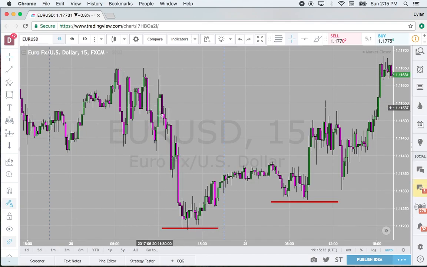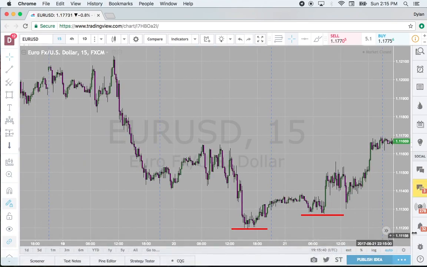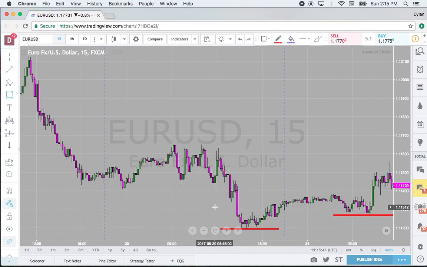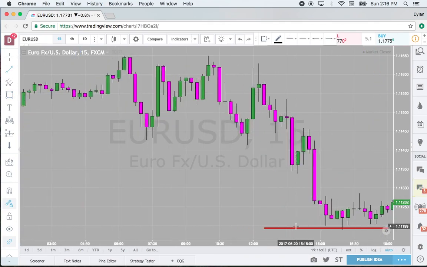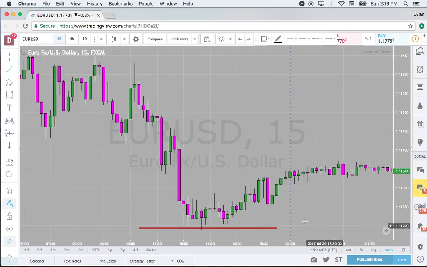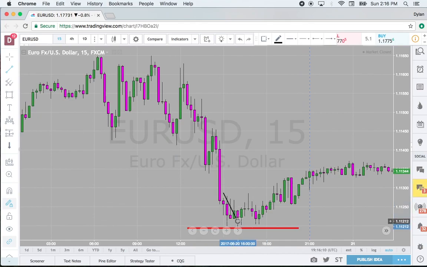Price has spiked down all the way to this low, this 1.12 whole range, into this price range at 1.112. Upon seeing this low being created with this wick, we would want to look for a W formation, which we see right here.